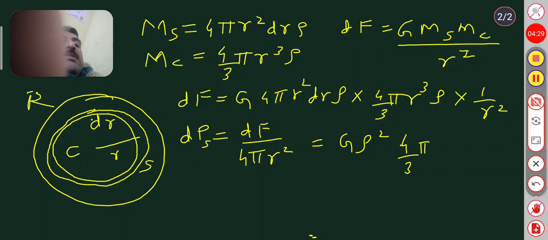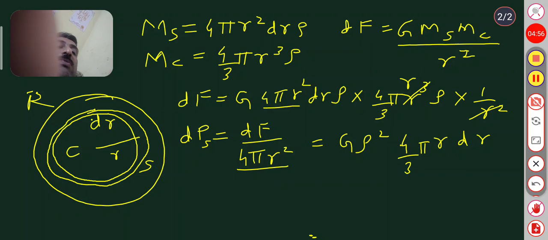The 4 pi r square and r square get cancelled, so 4 by 3 pi r into rho square into dr. This is the small pressure.